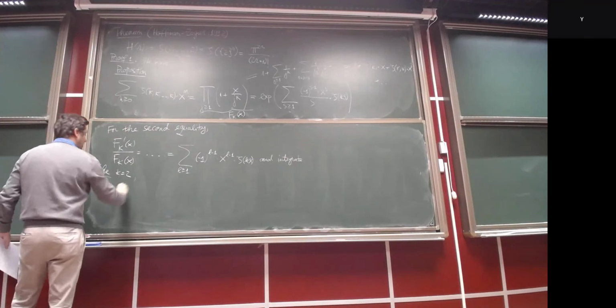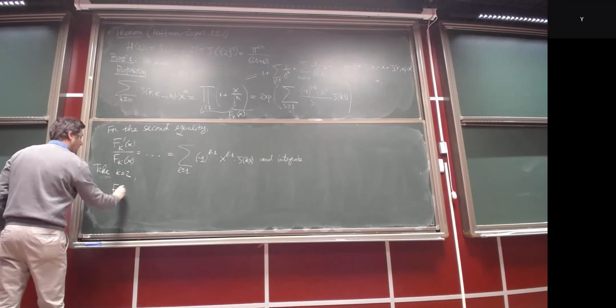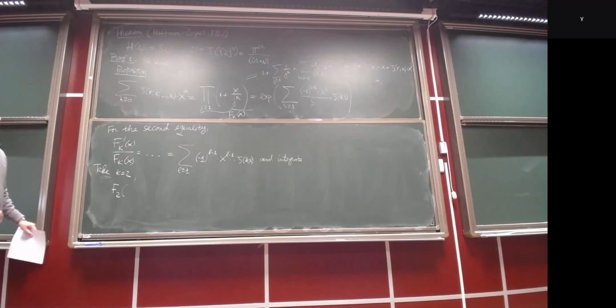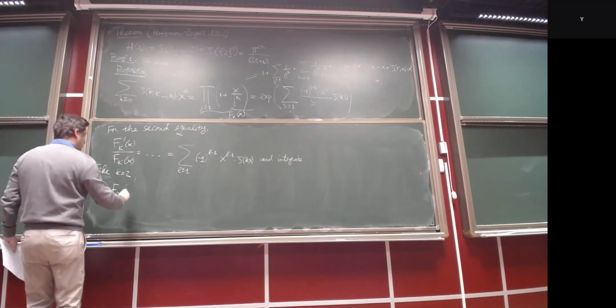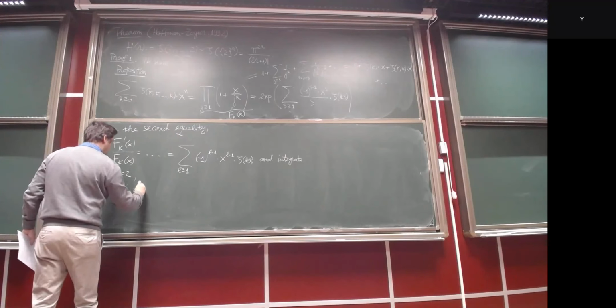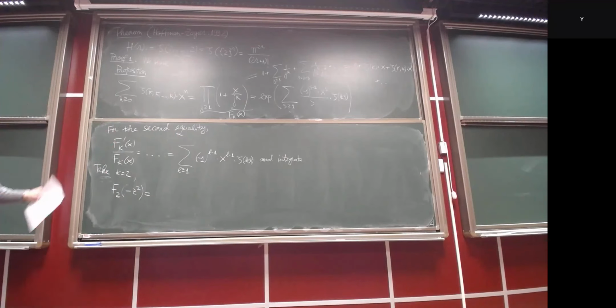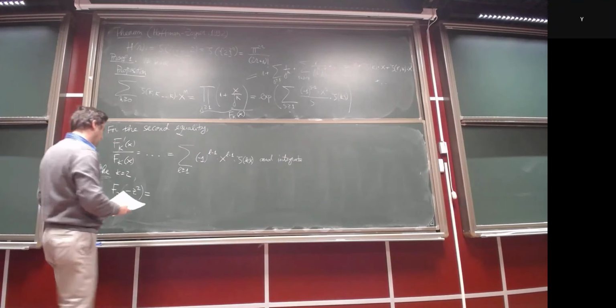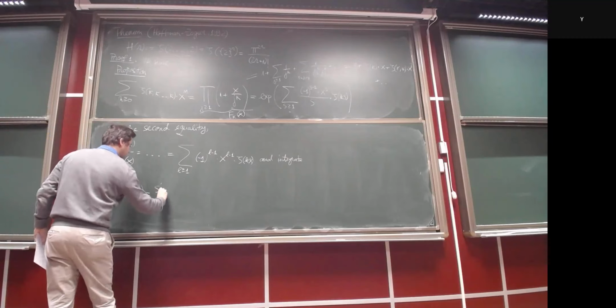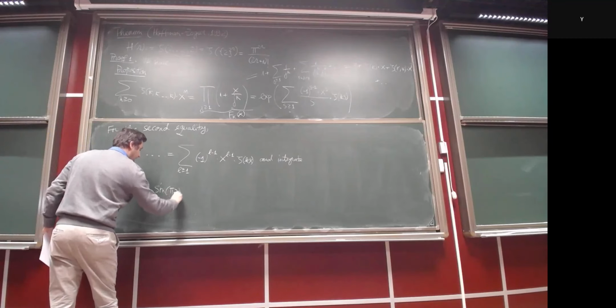And my function f_k, f_2 of, and now let me change the variable. Let me put negative z squared, because I would recognize this. If you recognize the sine product function, this will be nothing else than just sine of pi z over pi z.